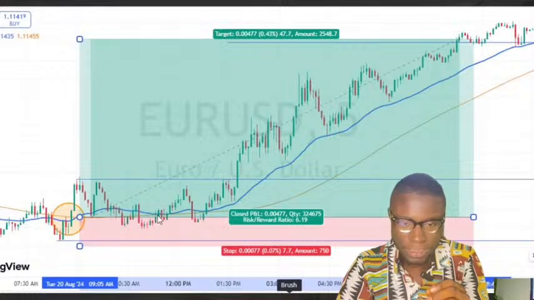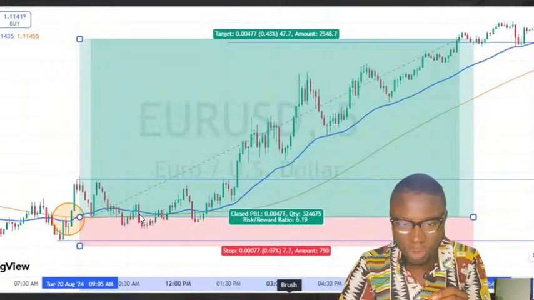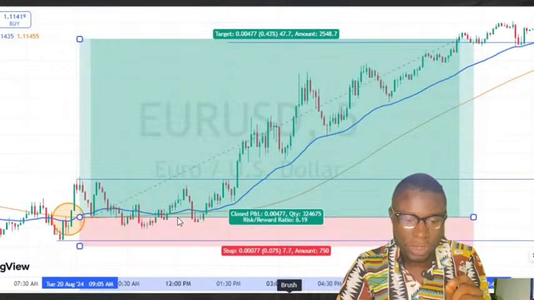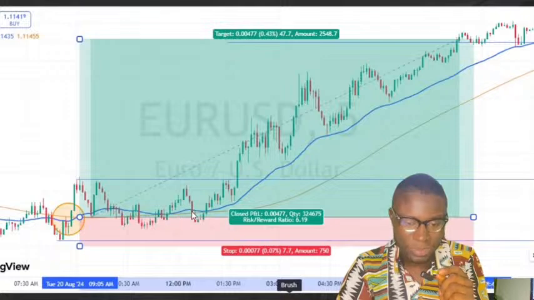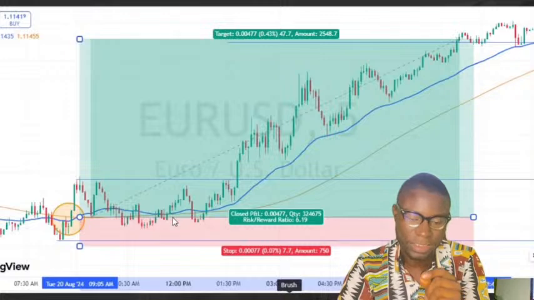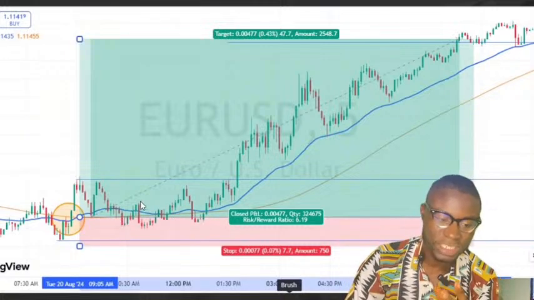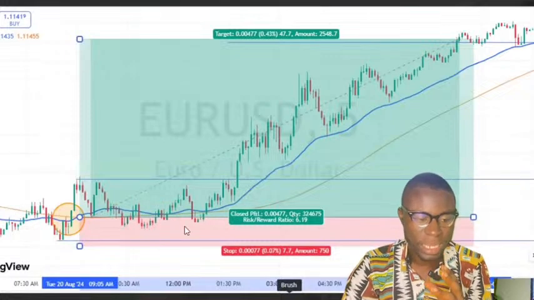So at this point, when your trade is still very young, you will not use these moving averages as your trailing stop, because at this point it is going to be going back and forth around the moving average. It's going to be closing above and below it, above and below it.